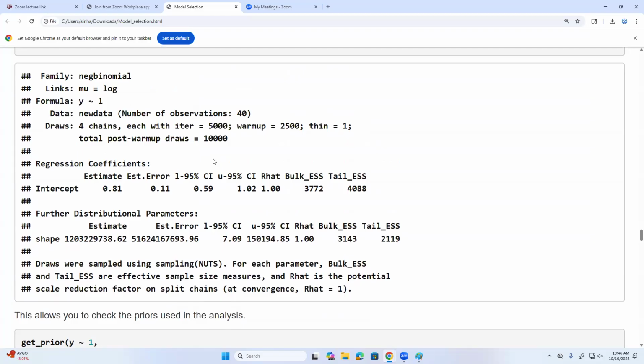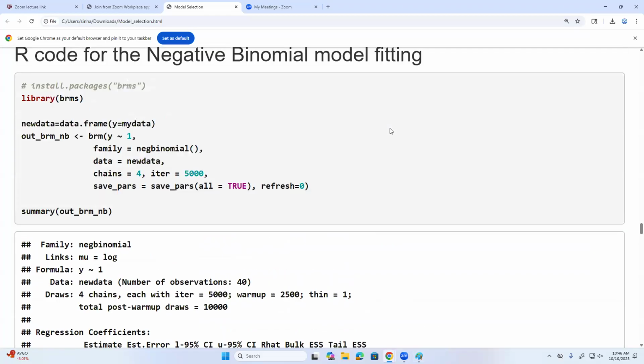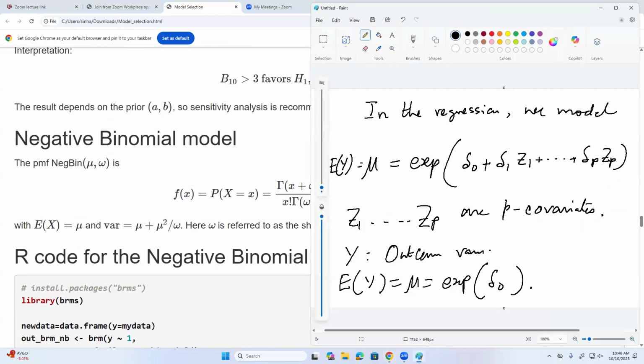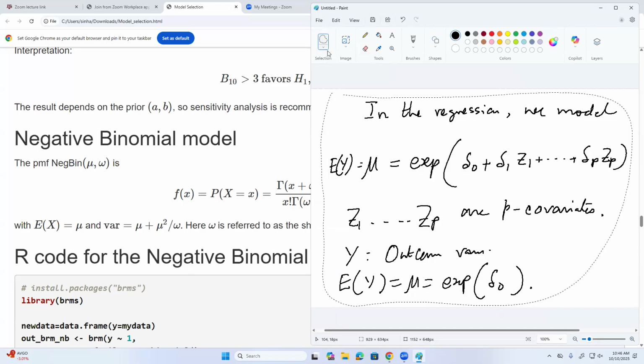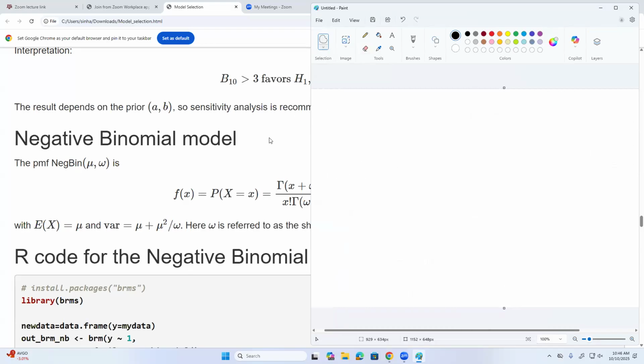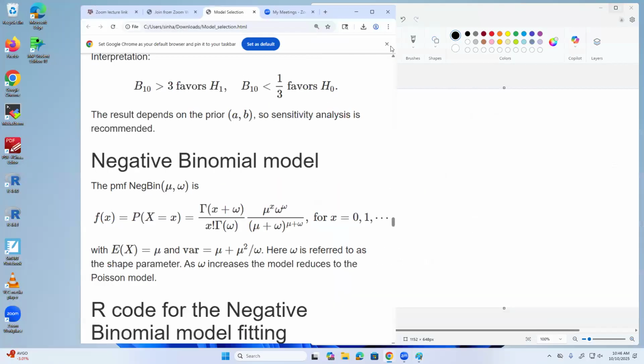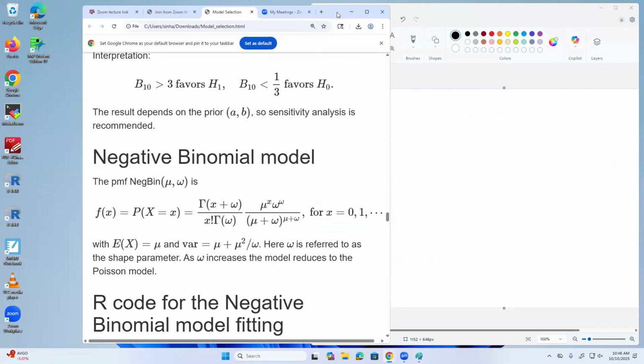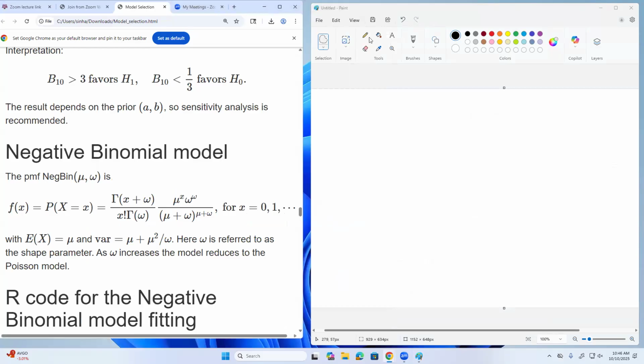So this is the formula for the negative binomial. So the marginal likelihood of the negative binomial will be this guy.